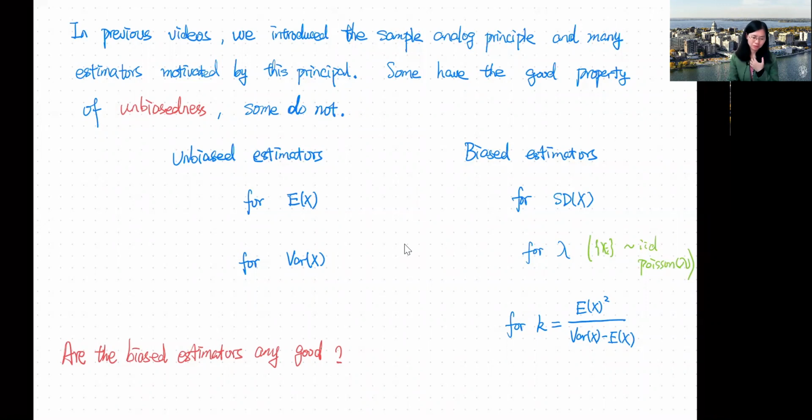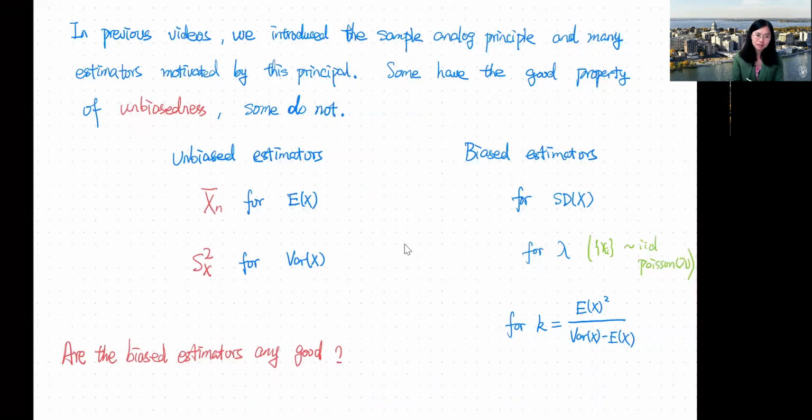So just to list the examples that are unbiased: the sample average, as an estimator of the population expectation, is unbiased. And the sample variance estimator with that adjustment is also unbiased for the population variance.